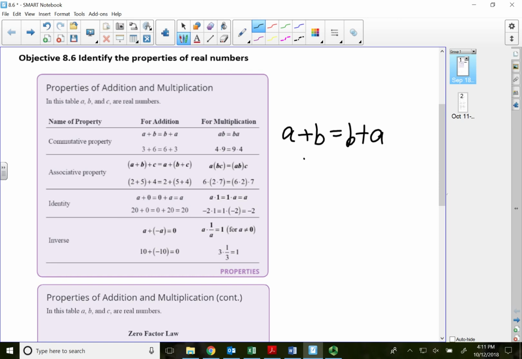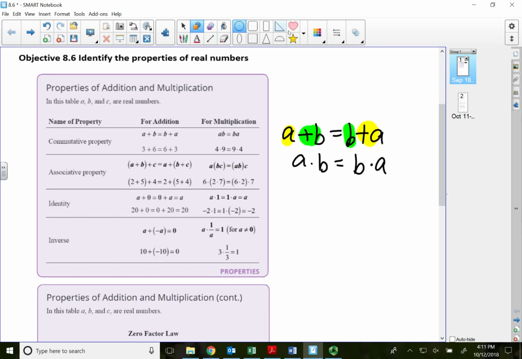For multiplication, a times b is equal to b times a. Basically, the commutative property is saying that if I have two terms, I'm allowed to swap the order of my two terms.